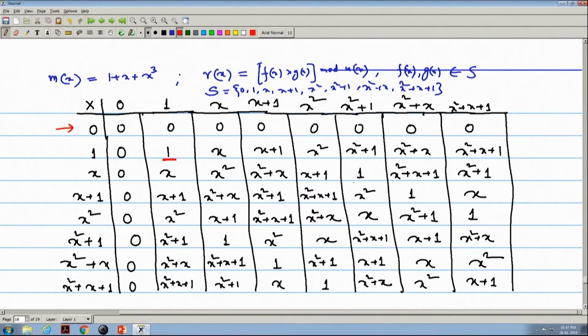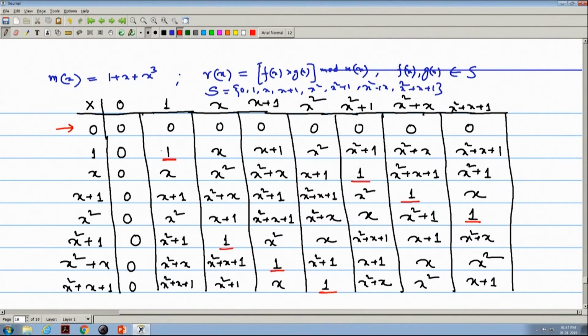multiplicative identity in each row. That means, for all elements I am getting one multiplicative identity. And again here also we see that for every row, all the elements appear in each row. That means, for every multiplication modulo mx for one element, we are getting the full set of elements.